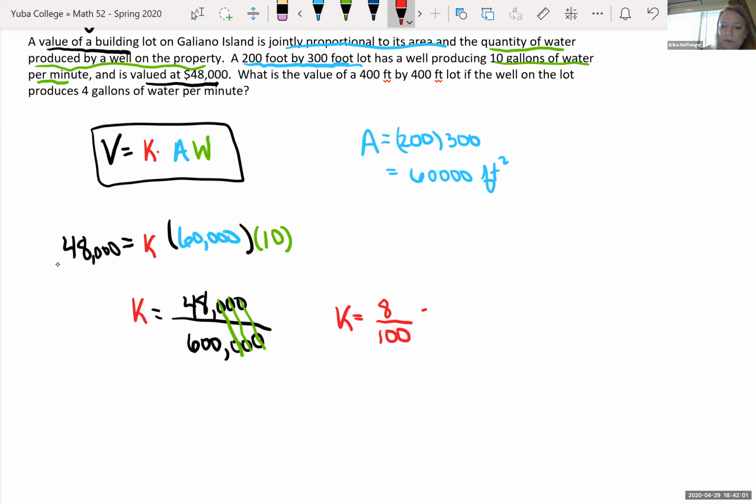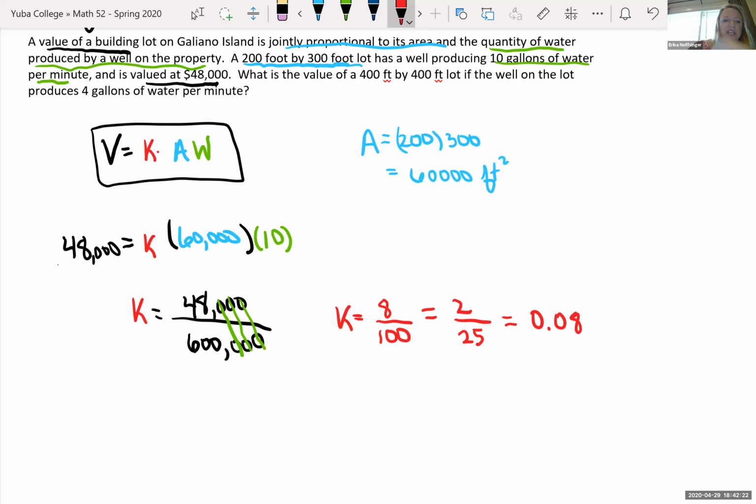Well, 4 goes into both of those. 4 goes into 8 twice. 4 goes into 100 25 times. That one looks familiar, doesn't it? 2 divided by 25, which was, I believe, 0.08. So K is 0.08.